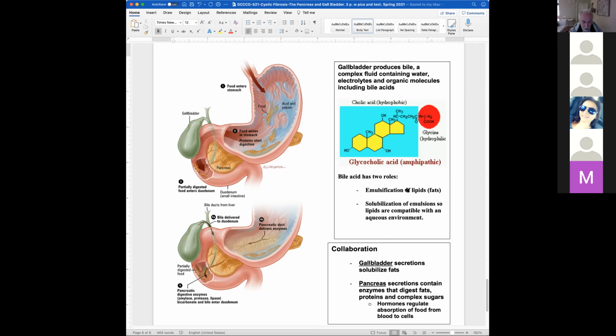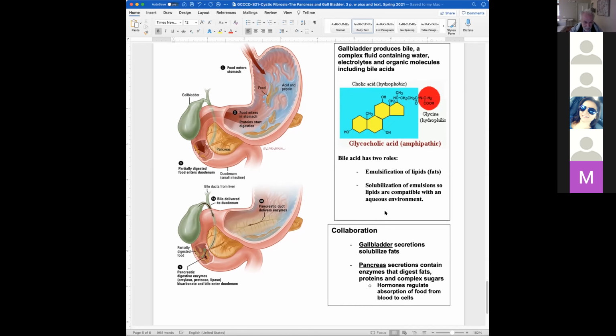It will emulsify lipids, that means make them partially compatible with water, and then finally solubilize the emulsified components so that lipids and water can coexist, and you can derive nutrition from lipids.